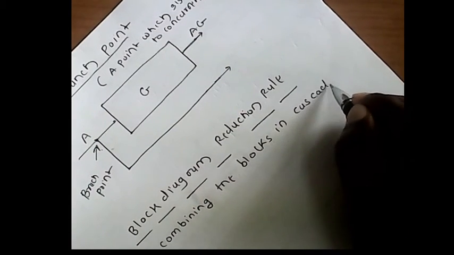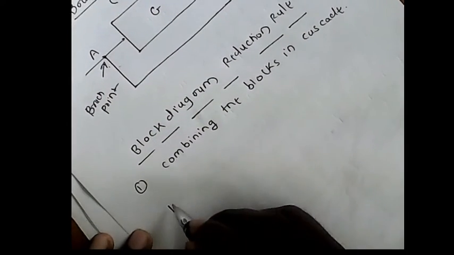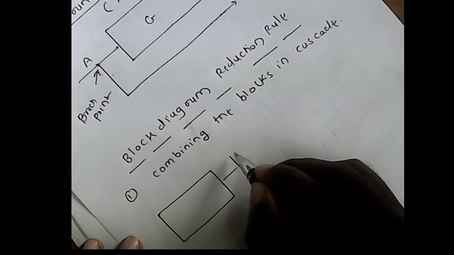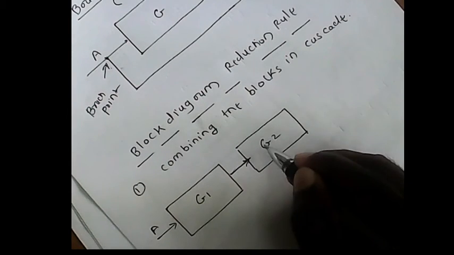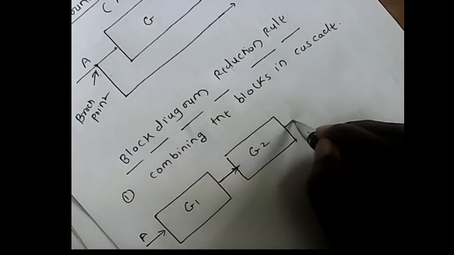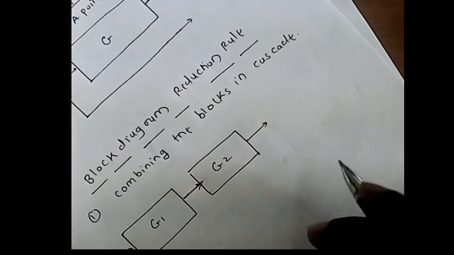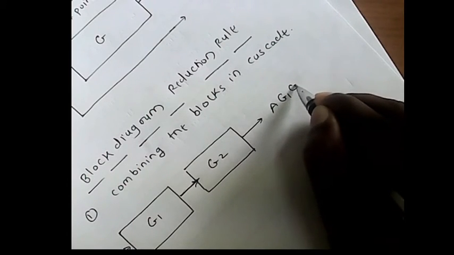Cascade means in series. Suppose there are two blocks in cascade having gains G1 and G2, with input A. Then the output of the two blocks in cascade is A into G1 into G2.